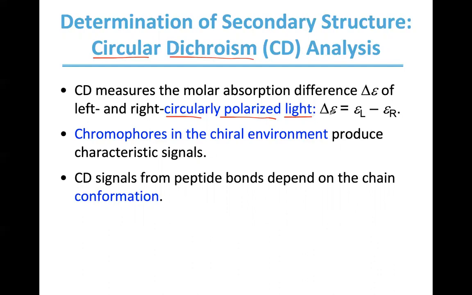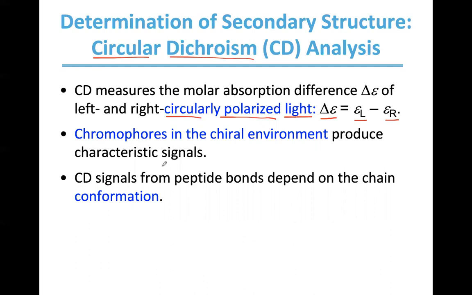And so this is the extinction coefficient. This is for the left circularly polarized light. This is for the right circularly polarized light. And if you take the difference, you get this delta, which is the difference between the left and the right extinction coefficients. And you can get the signal based on that, okay?